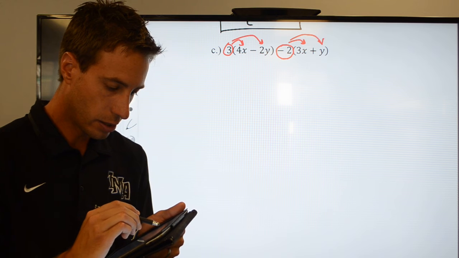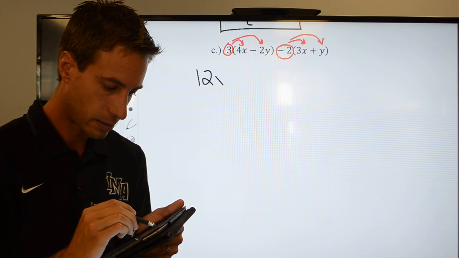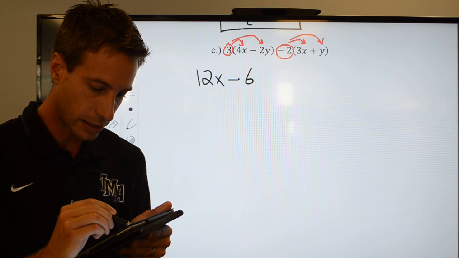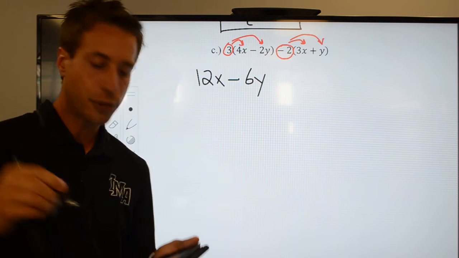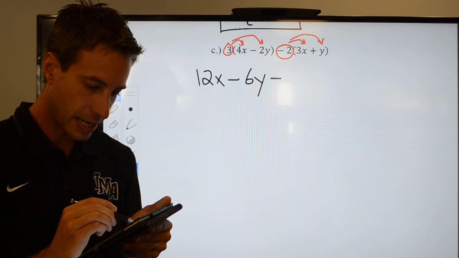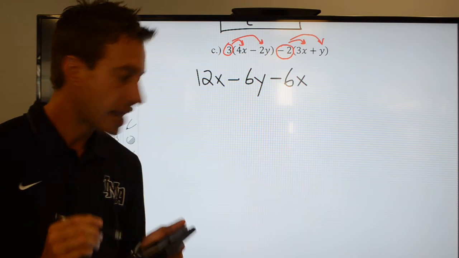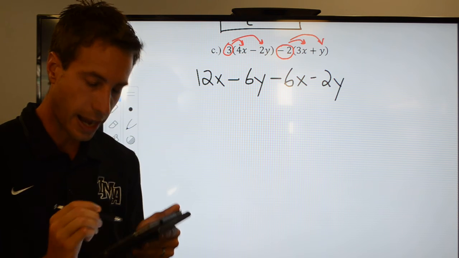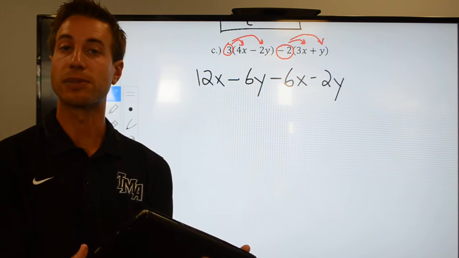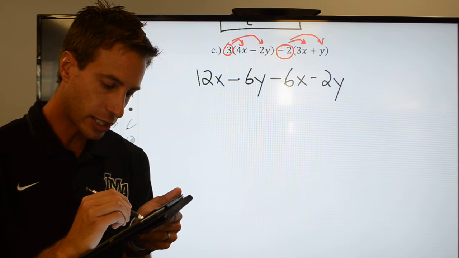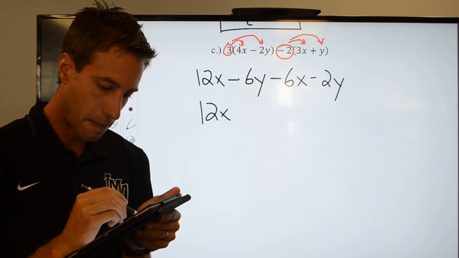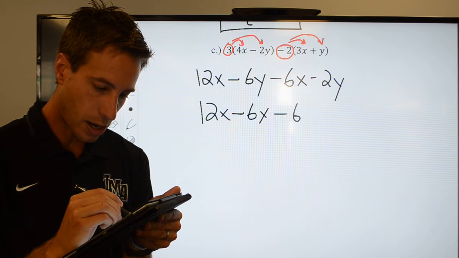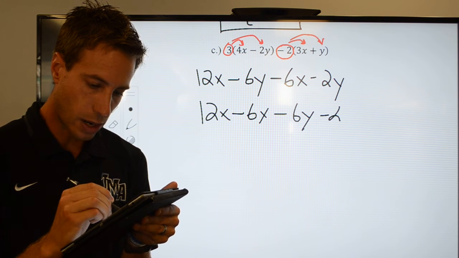3 times 4, 12x. 3 times a minus 2 is going to be negative 6y. Negative 2 times 3 is going to be a negative 6x. And then negative 2 times y, minus 2y. Now let's go ahead and put like terms together if I have any, which I do. 12x minus 6x, and then a negative 6y minus 2y.